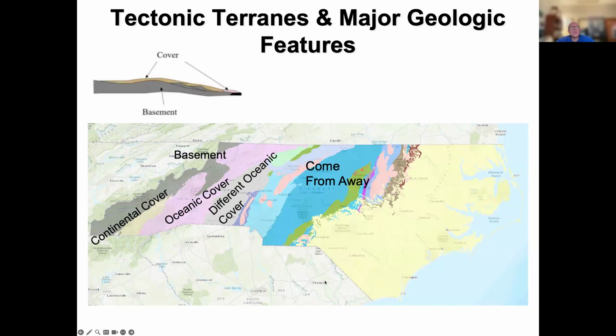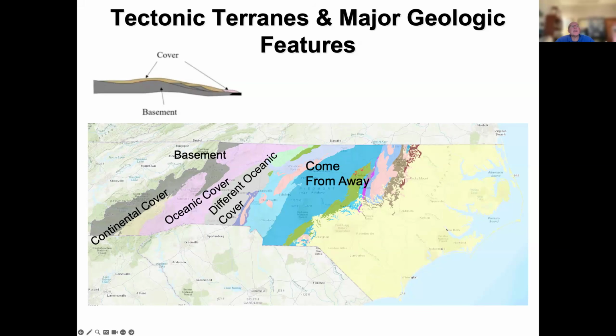And then I've got a series of other kind of interesting labels. So that first pink layer, it'd be oceanic cover. So sediments that were later turned into rocks that may even later be deformed. So they go through sediments, sedimentary rocks, and they might even be deformed to other rock types.